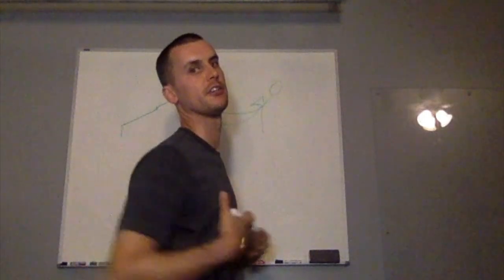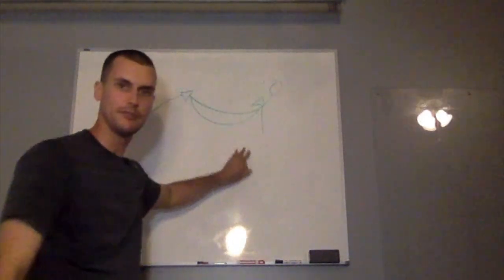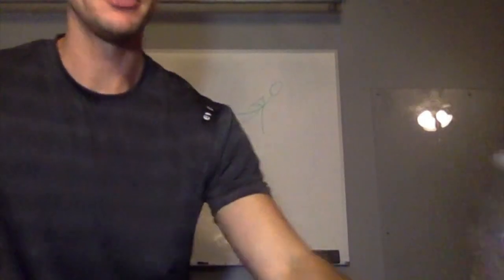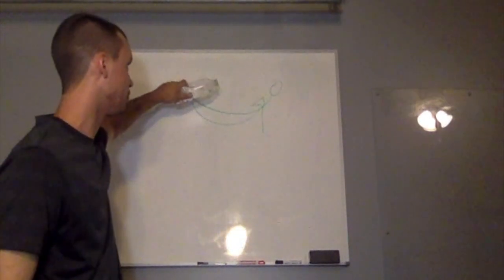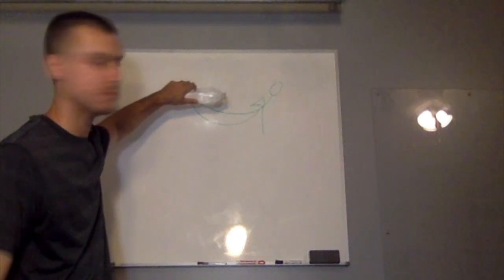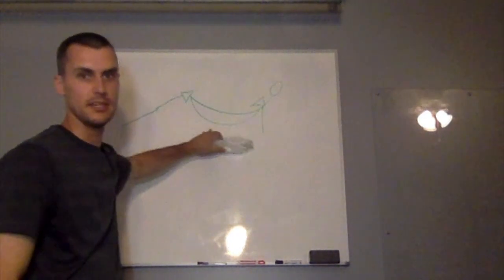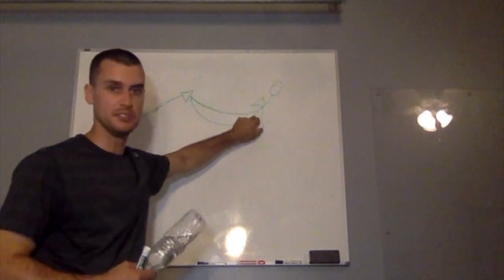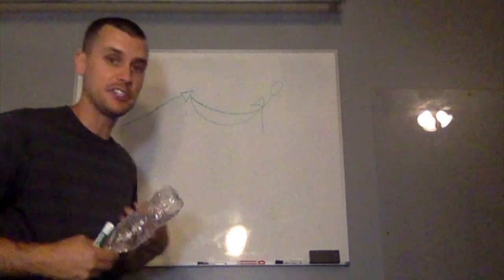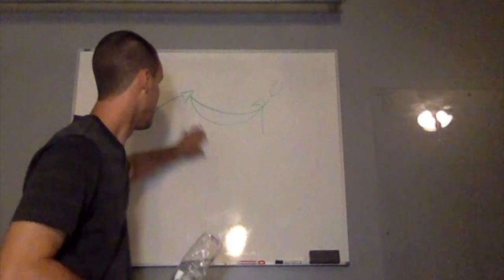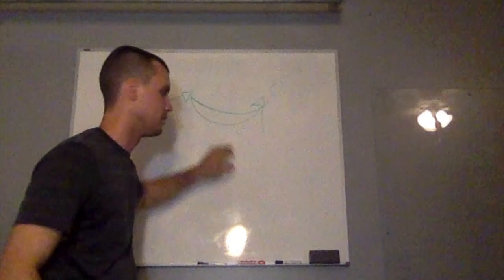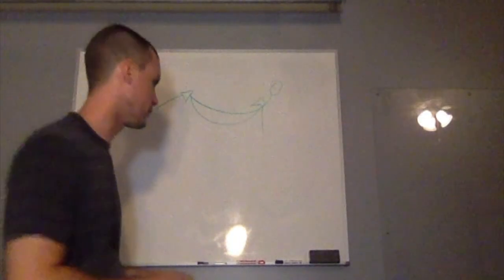They get a big arch in their back, their chest and stomach falls down towards the floor. So if we were to take this water bottle and tip it forward, like if we're on all fours, all the water collects at the front of my body. And if I'm not strong enough to resist that fluid, the expansive elements moving towards the front of my body, then I'm going to end up doing this sort of banana push-up.